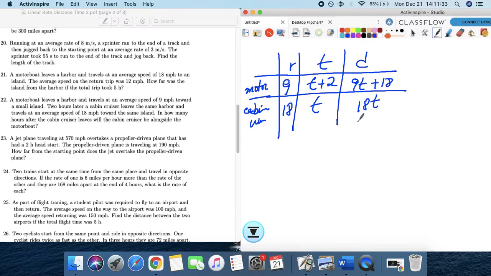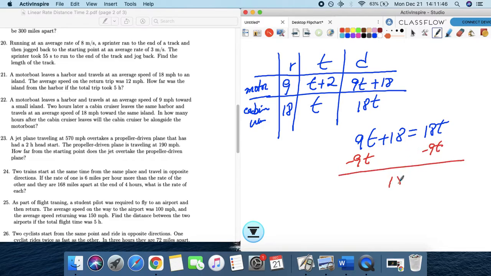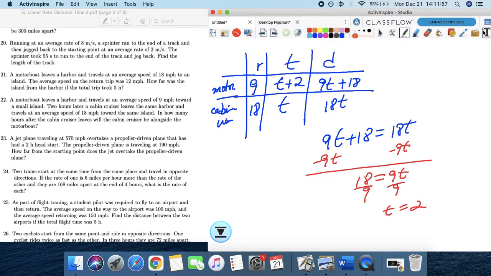When the cabin cruiser is next to the motorboat, it will have traveled the same distance. So 9t plus 18 equals 18t. Get rid of the 9t, minus 9t, minus 9t. 18 equals 9t, divided by 9, t equals 2. So in 2 hours, the cabin cruiser will pass.